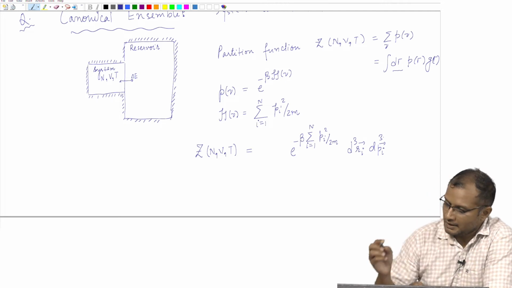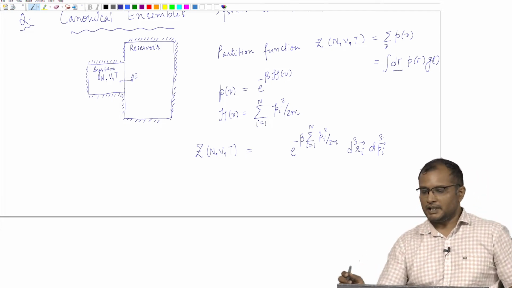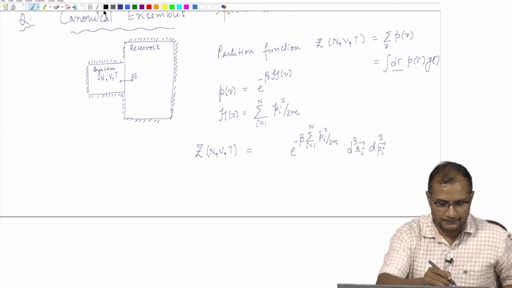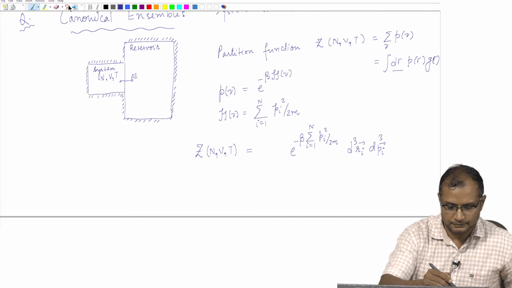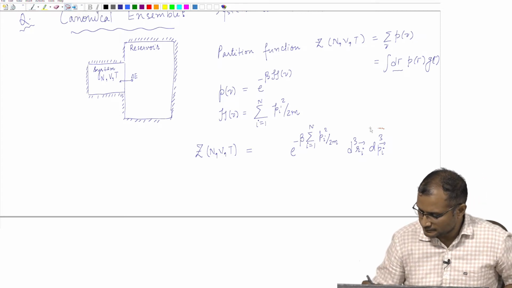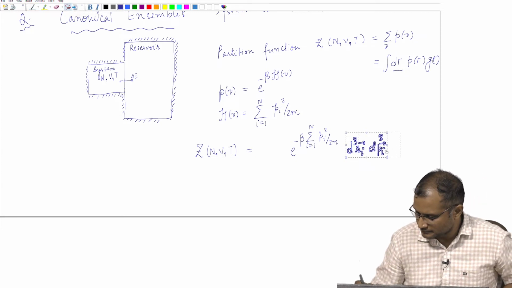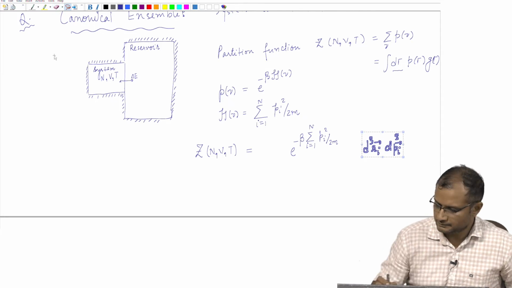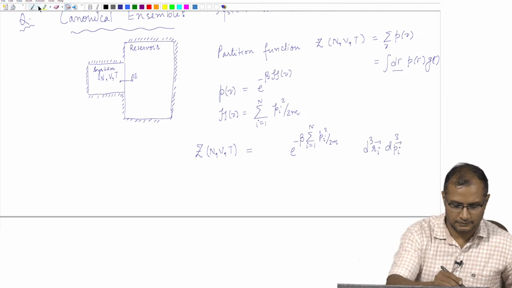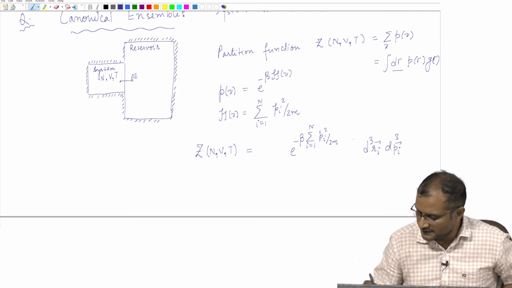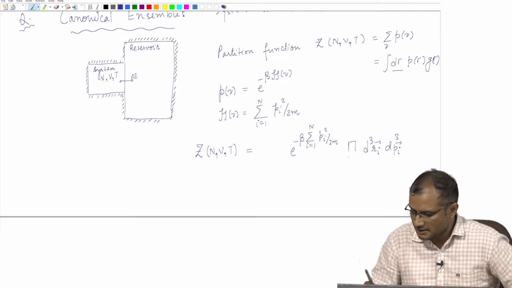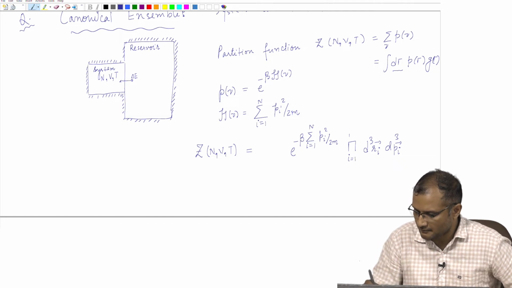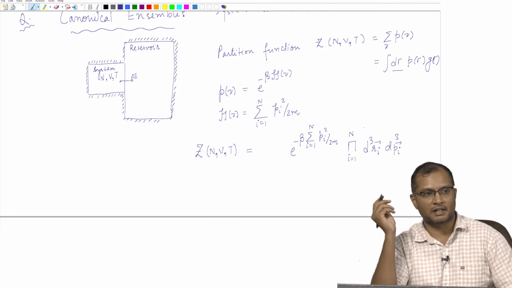Okay. And what I am going to do is basically write down this phase space volume element in 6n dimensions as the product of these d³r_i's and d³p_i's.